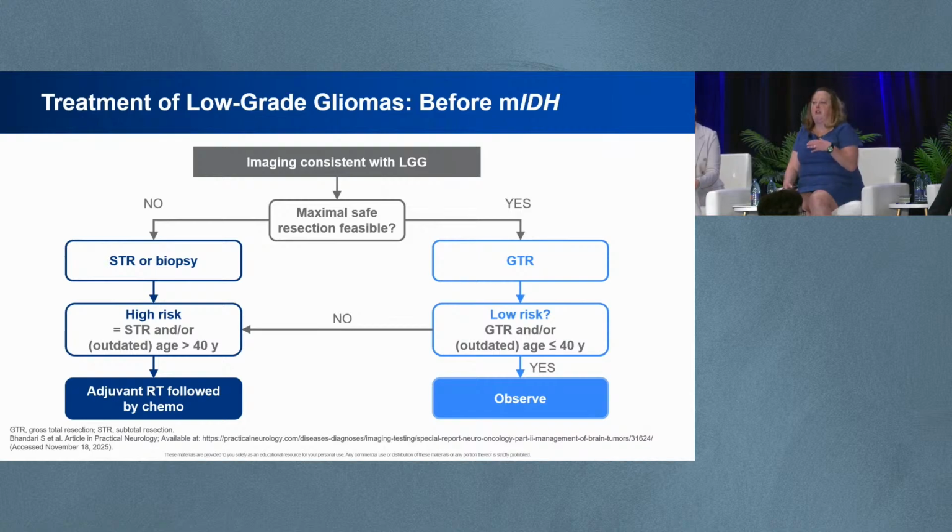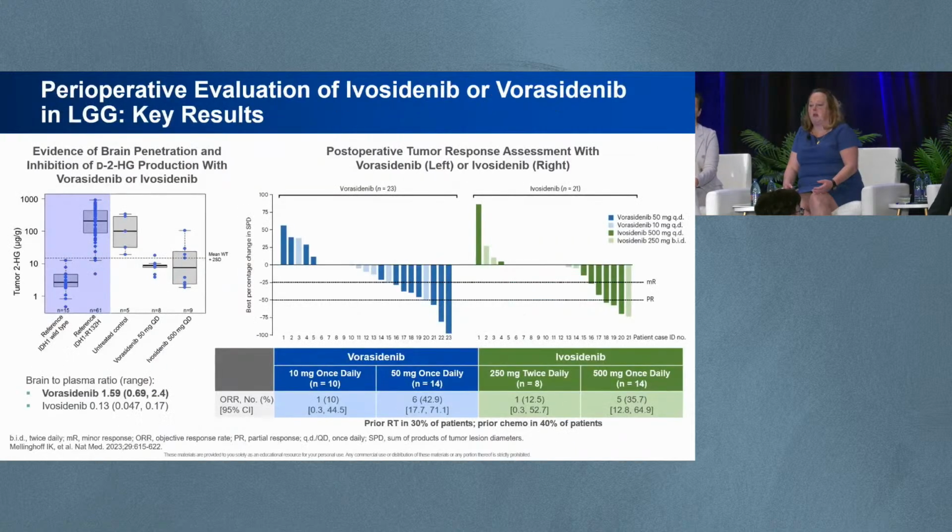But now we've moved forward with new medications such as vorasidenib, and where did that come from? So probably the most important trial that I like to mention first is really the perioperative evaluation of ivosidenib, which is a mutant IDH1 inhibitor, and then vorasidenib, which is a mutant IDH1 and 2 inhibitor.